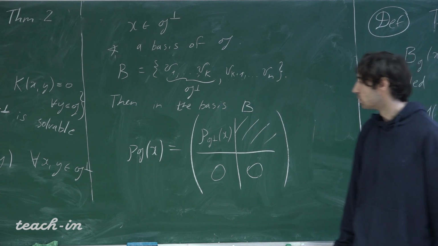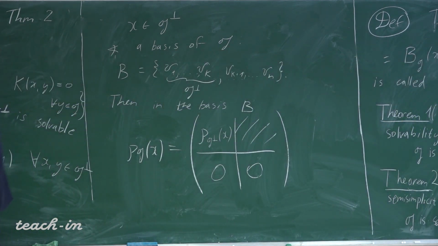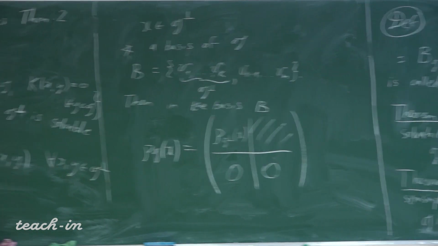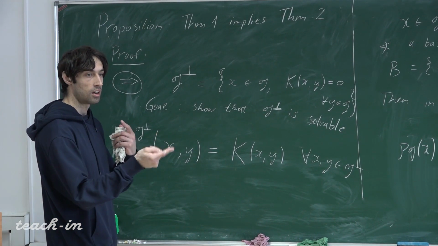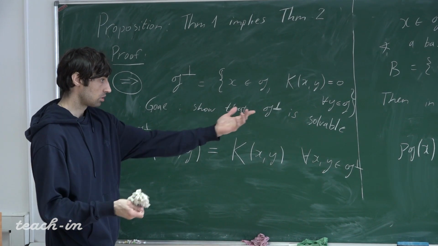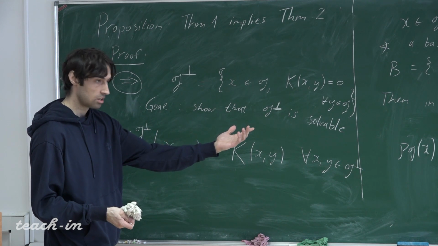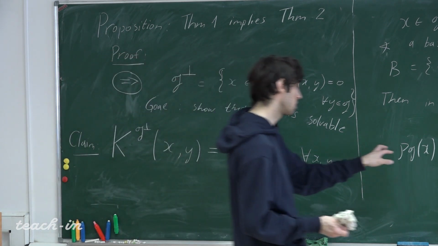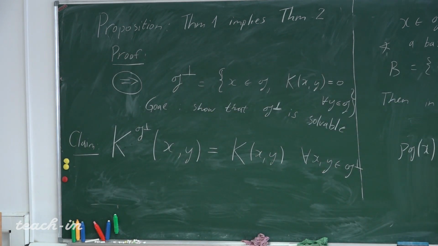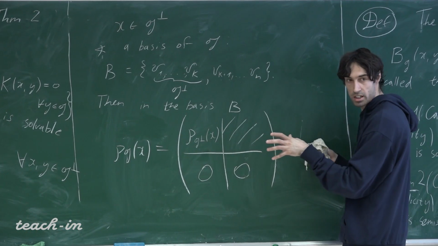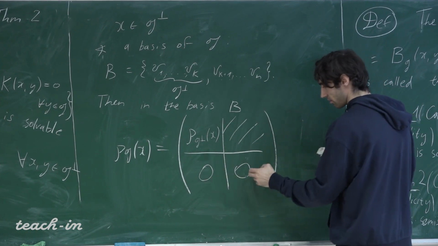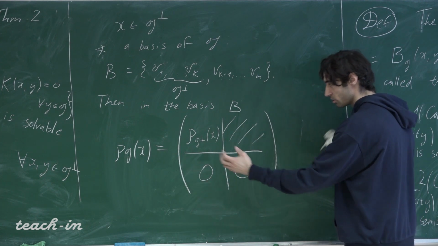Because you just need to remember what K is. It's a trace of a product of two such matrices, right? So I take one such matrix for X, multiply by another matrix of X. Again, in both of them I will have zeros here.